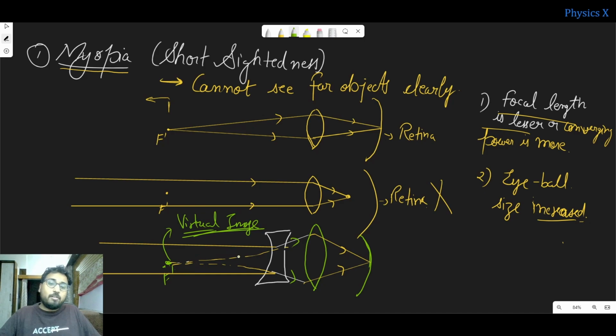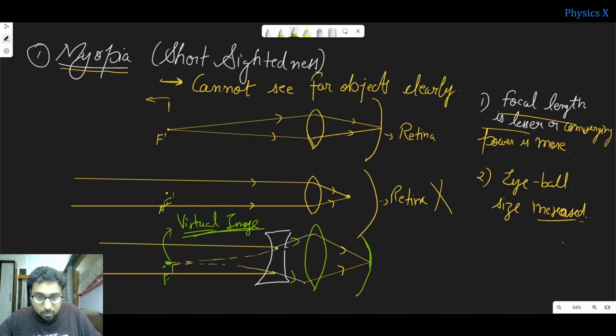So the total objective for correction is that we place a concave lens in front of a myopic eye, or an eye which can see only short or nearby objects clearly. That is, the far point of this eye is not infinity, it is somewhat less than infinity. Our objective is to form the image of a far object on this F dash point.